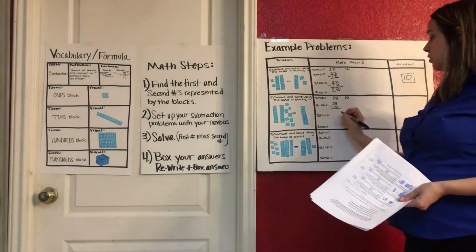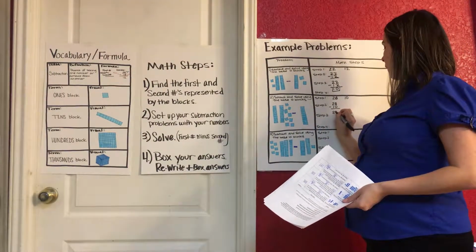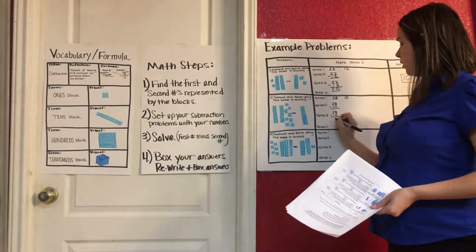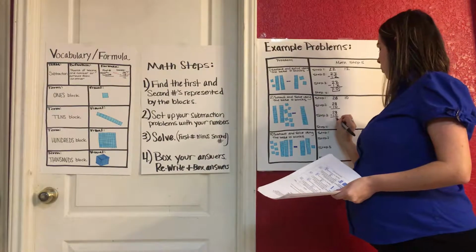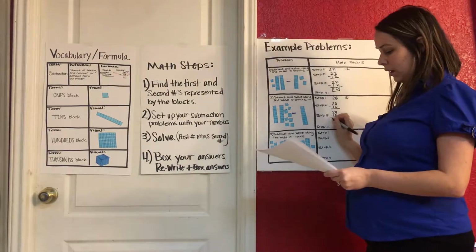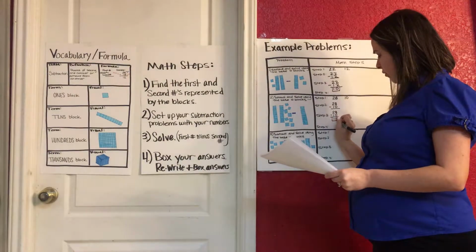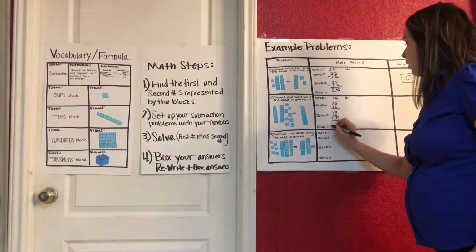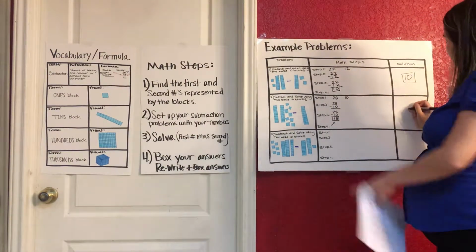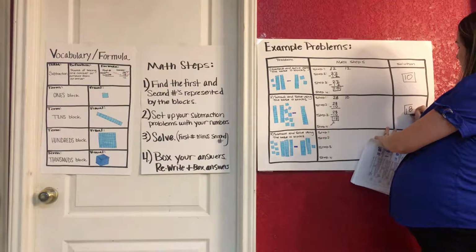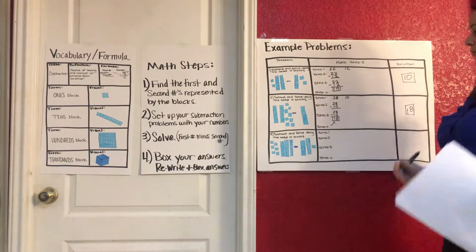Step 3 wants us to solve 28 minus 10. And then we'll write our answer down here. It's 18. Then we're going to go to step 4 and box in our answer. So step 4, box it in. And our answer is 18, so we're going to write it over here.